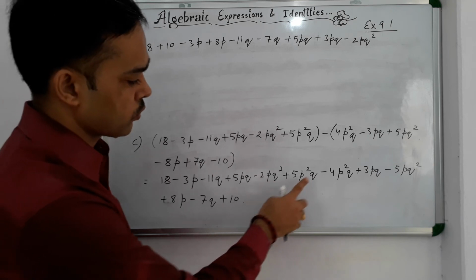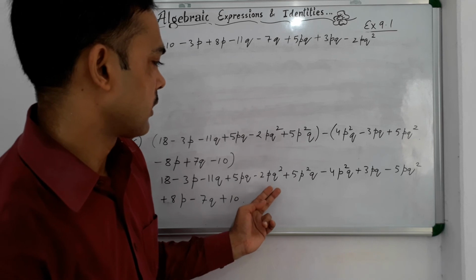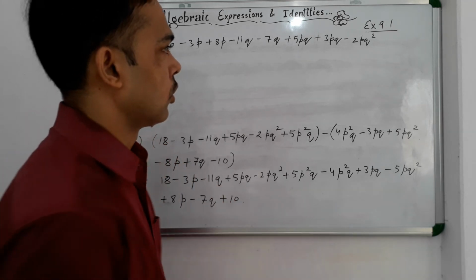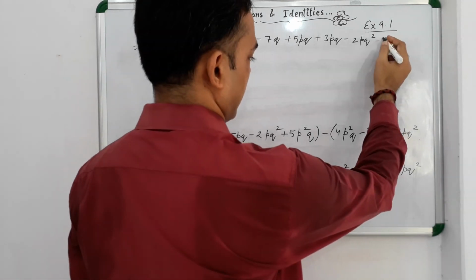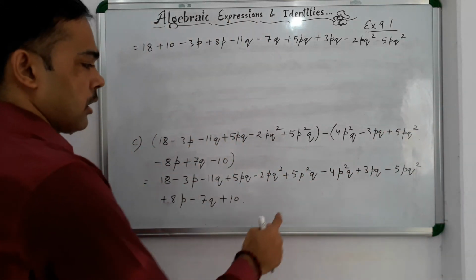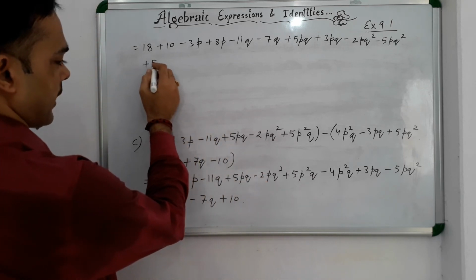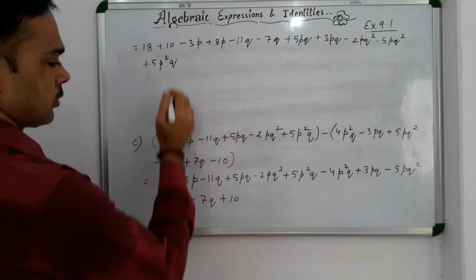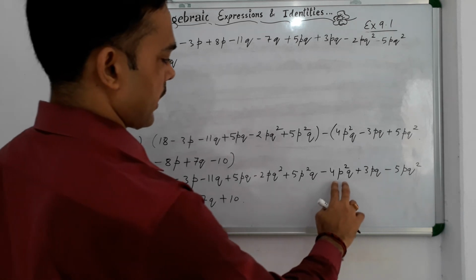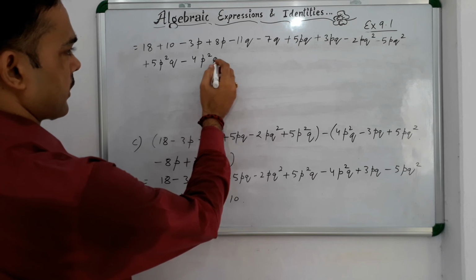Exponent of q is 2, whereas over here it is 1. So they both are not same. Pq square is over here, so minus 5pq square. Then let's move on to plus 5p square q. P square q is just next to it, so 4p square q.